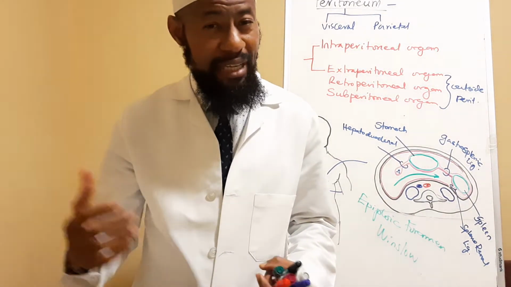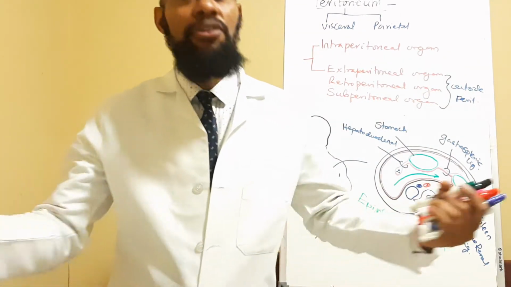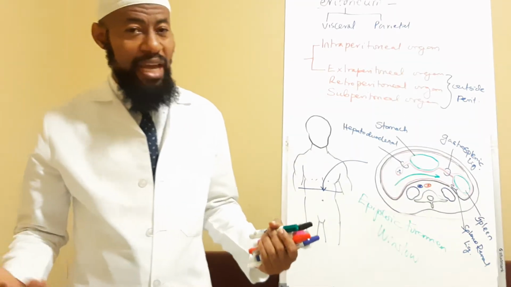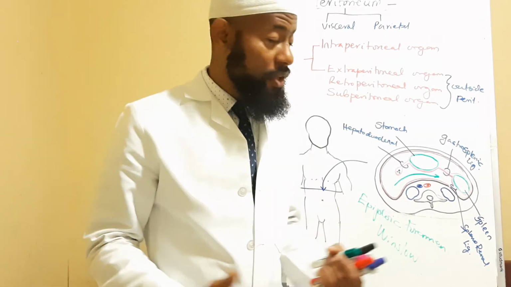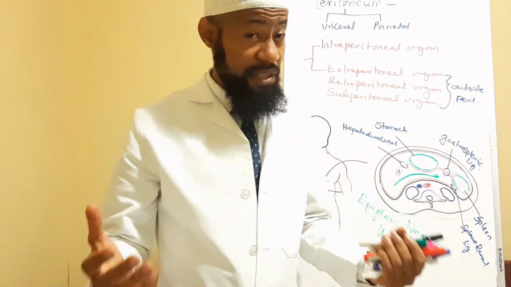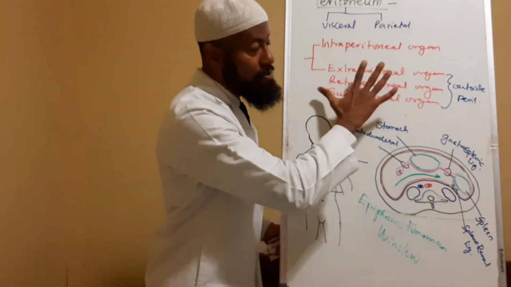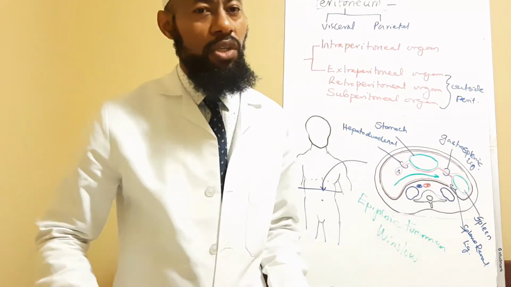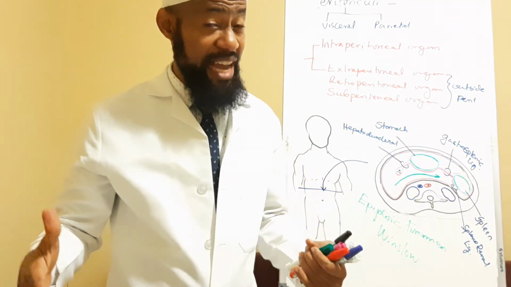It is a continuous, glistening, slippery, transparent serous membrane. The serous membrane produces serous fluid, and it is made up of cells called mesothelium. And mesothelium is an example of a simple squamous epithelium. These cells are lined up against each other to make a very large tissue that is covering the wall of the abdominopelvic cavity.